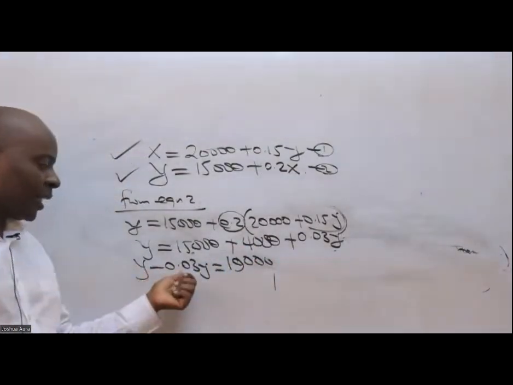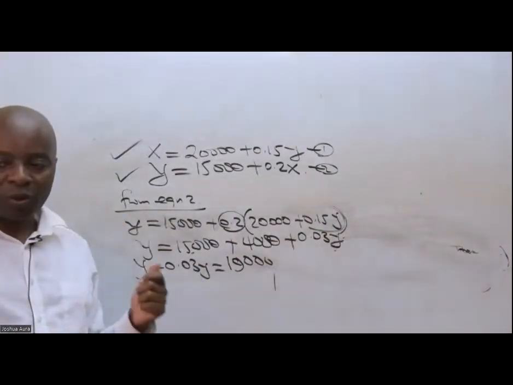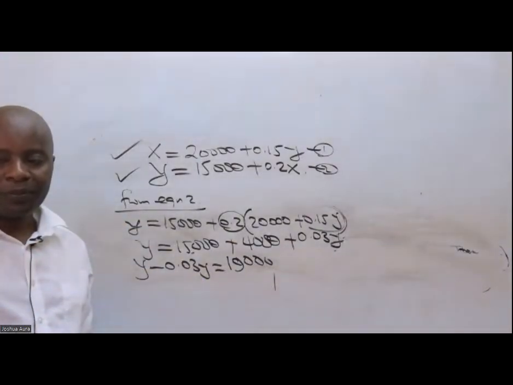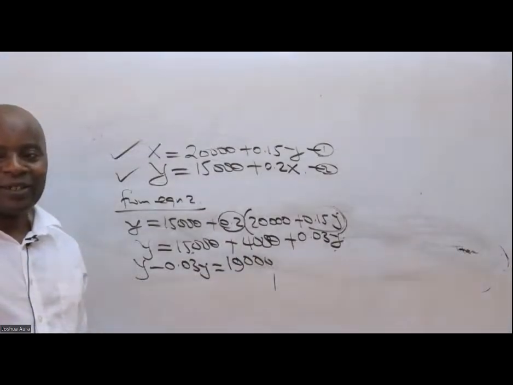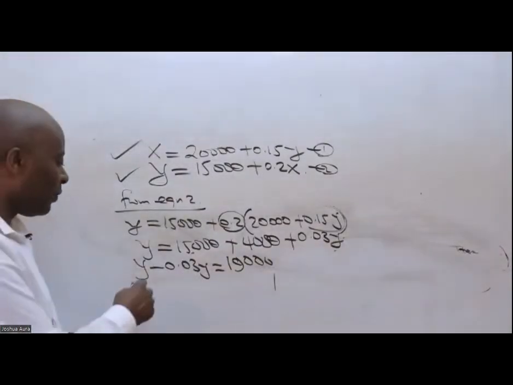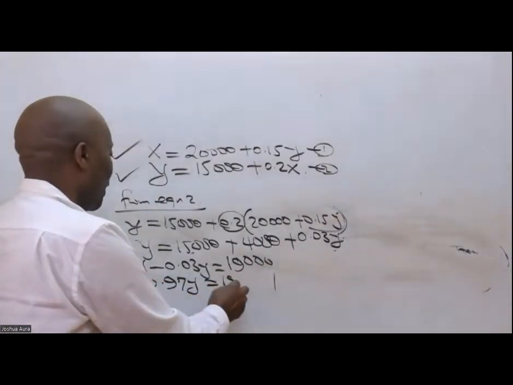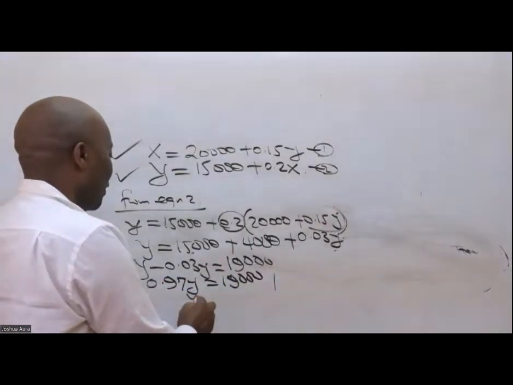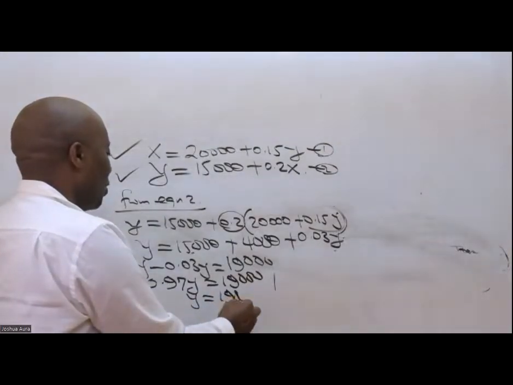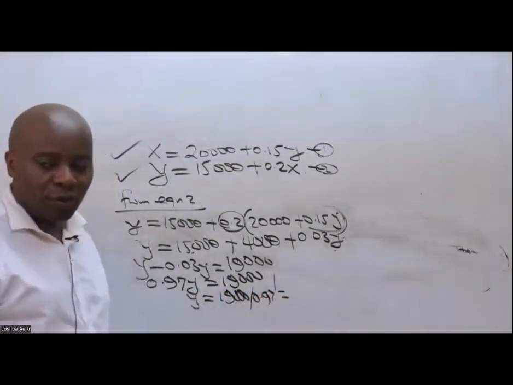So then this minus this gives me what figure? This minus this gives me 0.97Y. So we have here 0.97Y equals 19,000, meaning that Y will be equal to 19,000 divided by 0.97, which will end up being equal to what?